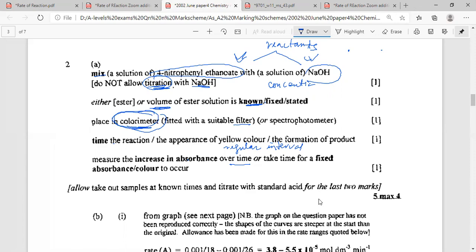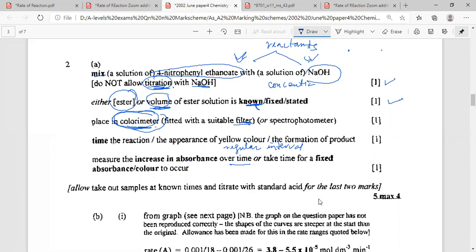Now you must tell them 2 things: the concentration of the ester and the volume. That means a known concentration and a known volume of both are important. So there are 2 marks here: mix the reagents with known concentrations and known volumes. Then place it in the colorimeter with the right filter.